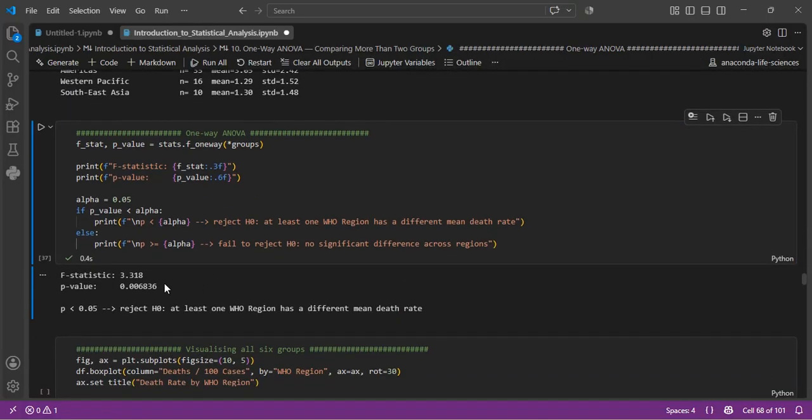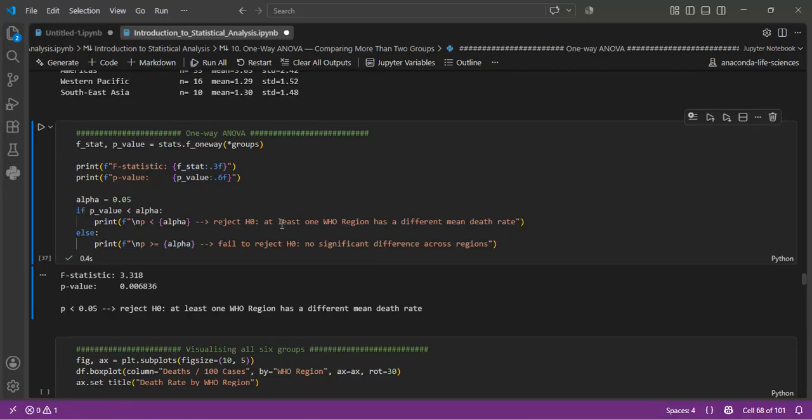So when we run, the F statistic is 3.318, and then the p-value is less than 0.05, and if it is less than, then we are going to reject the null hypothesis.